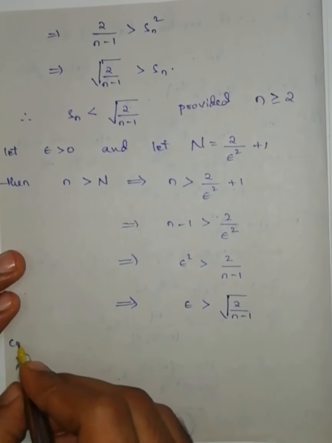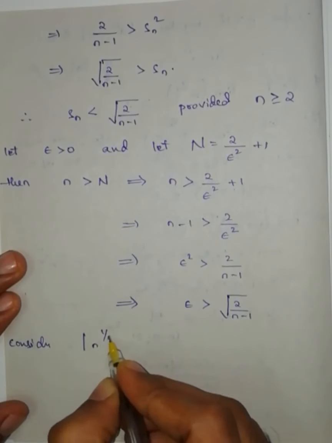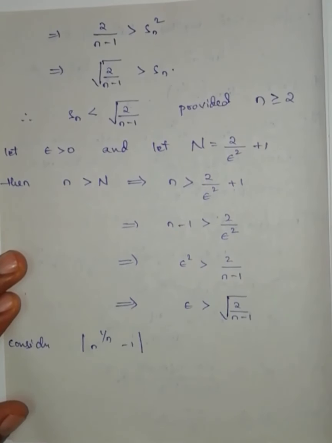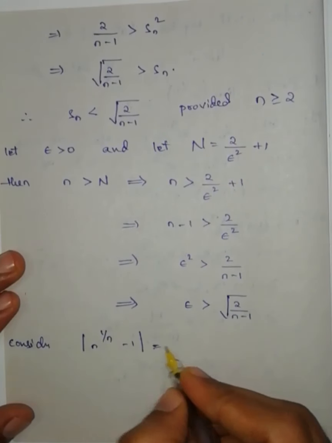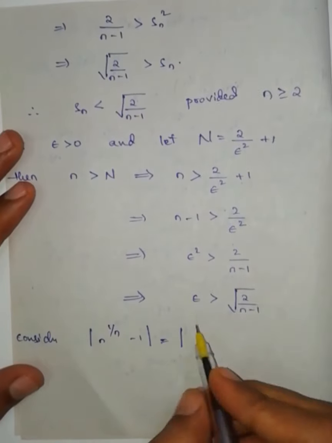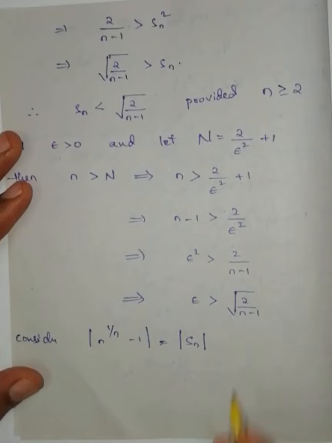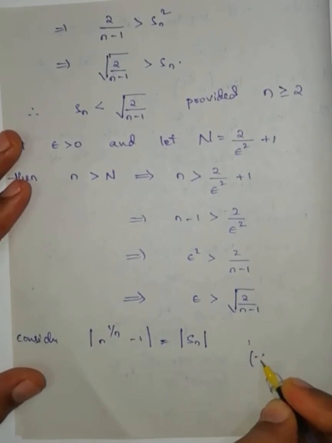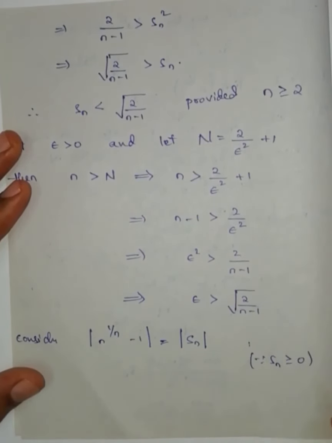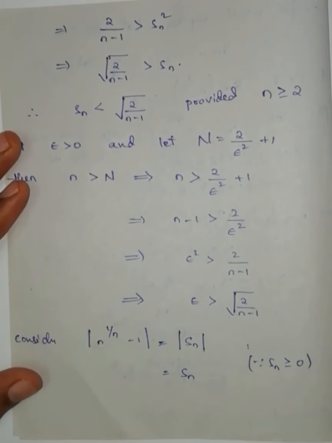Therefore, now consider the modulus of n to the power of 1 by n minus 1, which is what we have to prove. This is equal to the modulus of Sn. Since Sn is greater than or equal to 0, the modulus of Sn is again Sn.